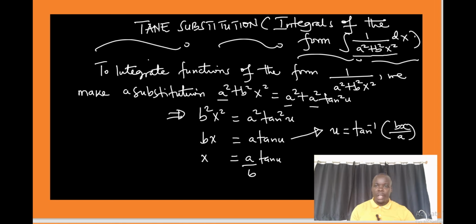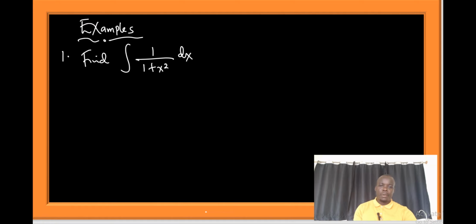Let's move directly to our examples. That is our example number 1. Example number 1 says we find the integral of 1 out of 1 plus x squared with respect to x. What we can basically do here is let 1 plus x squared be equal to 1 plus tan squared of u.